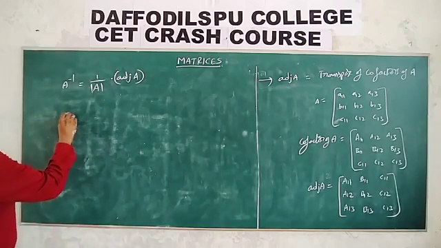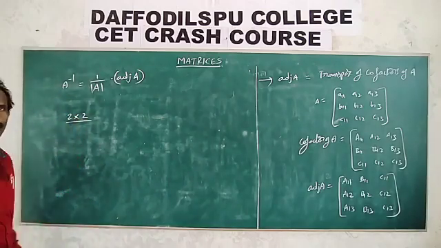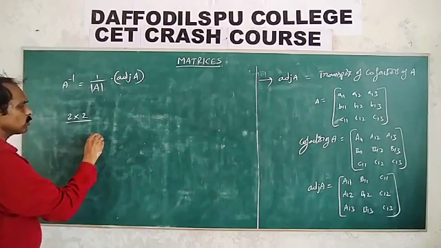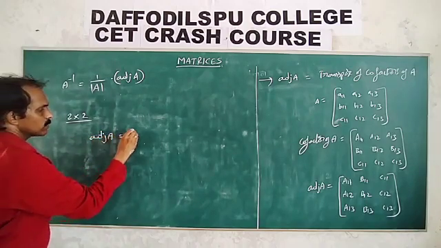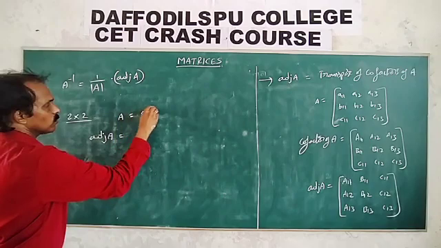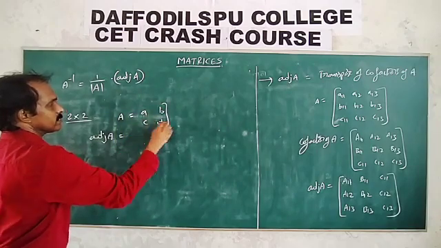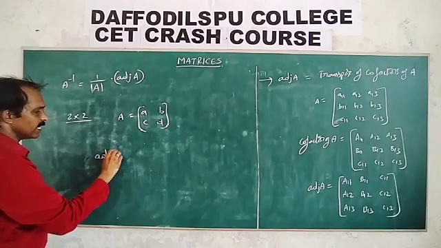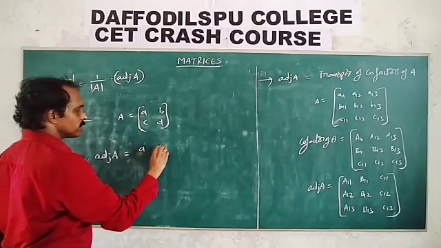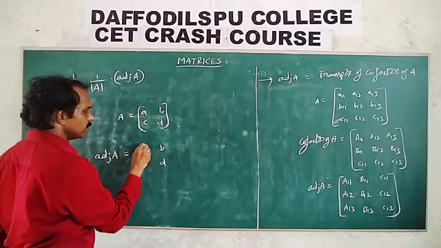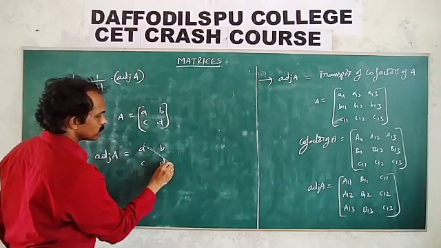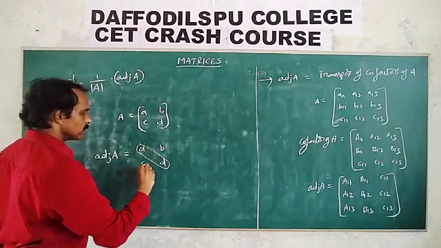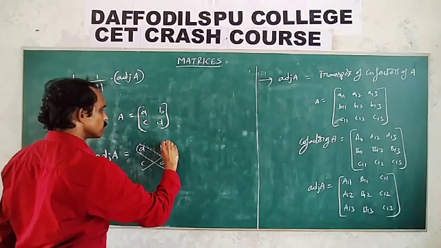Okay. Suppose 2 by 2. For a 2 by 2 matrix, how to find adjoint? It is simple, direct, without any cofactors. Suppose this is A. A is equal to [a, b; c, d]. I want adjoint A, direct. What is adjoint A? Take a, b, c, d. These two elements interchange.